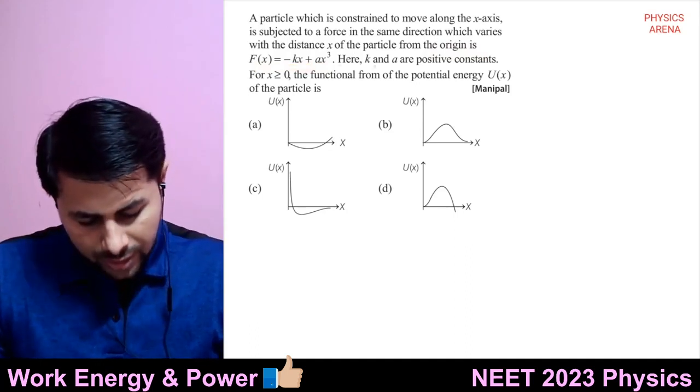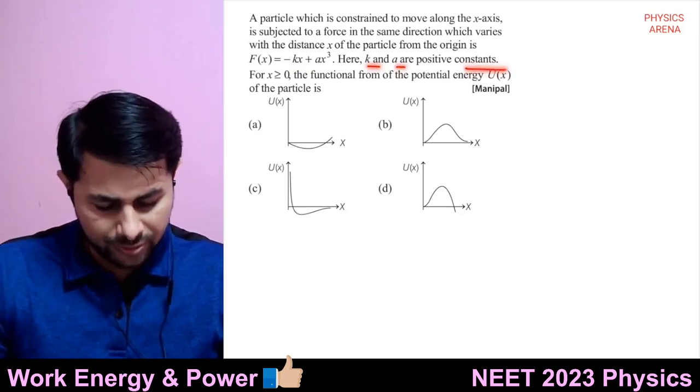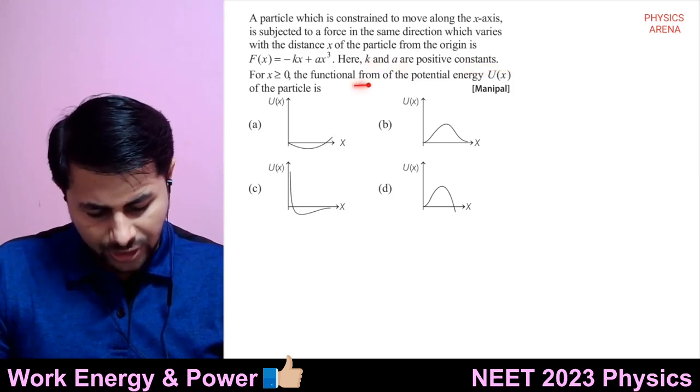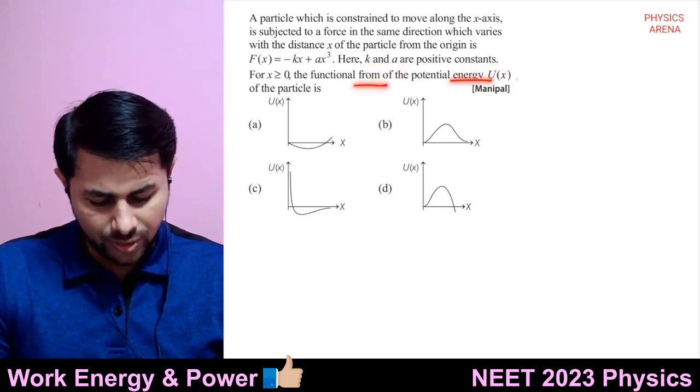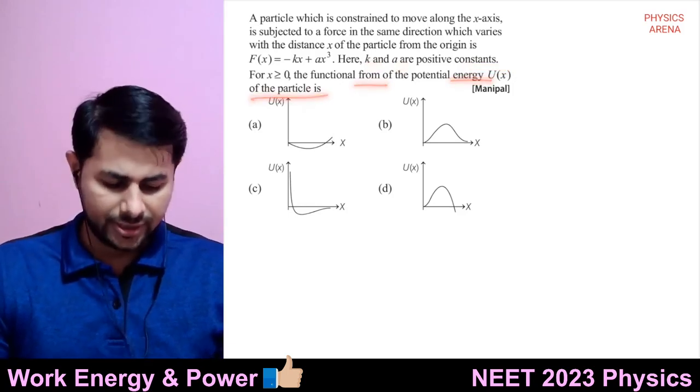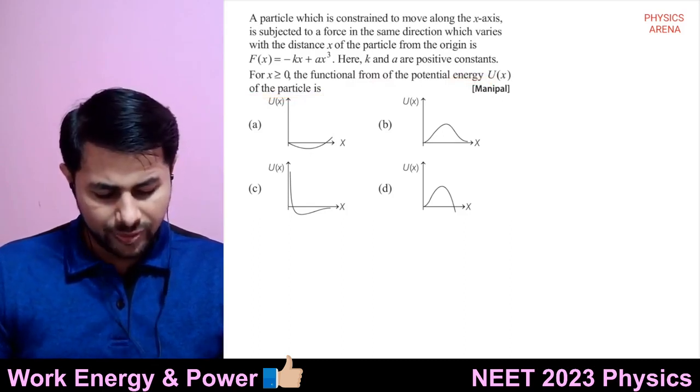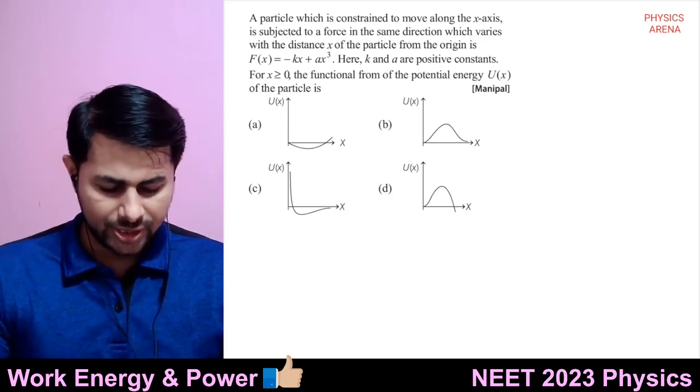Here k and a are positive constants. For x greater than 0, what is the functional form of the potential energy U of x of the particle?